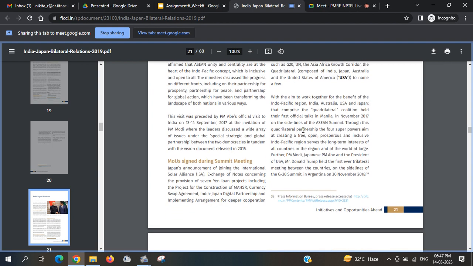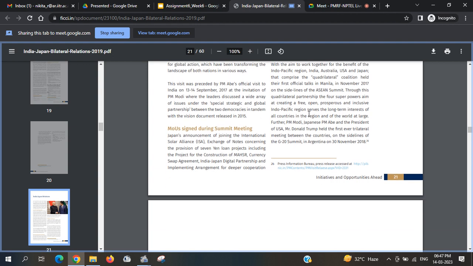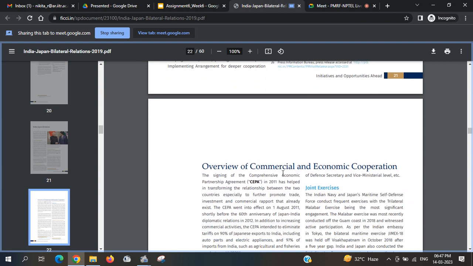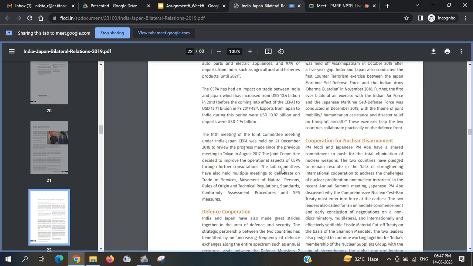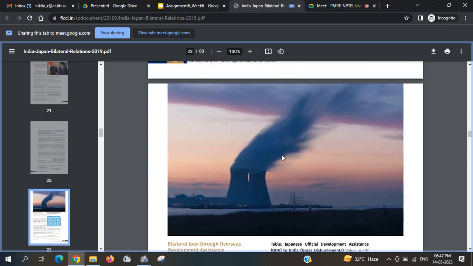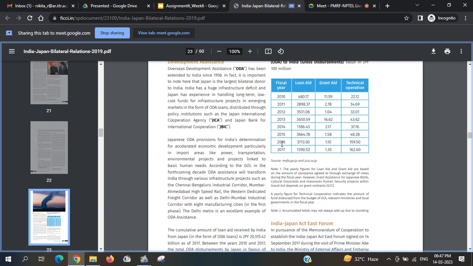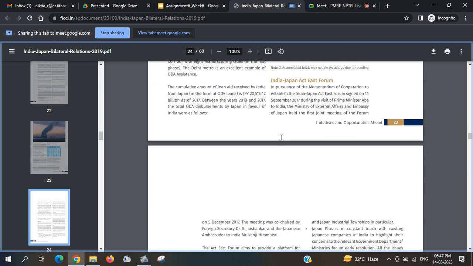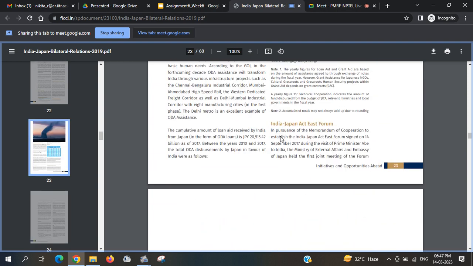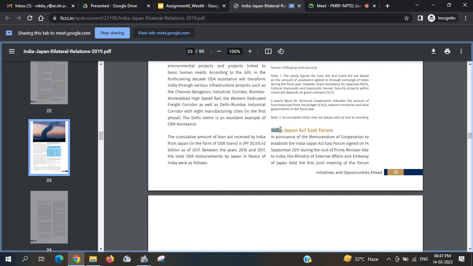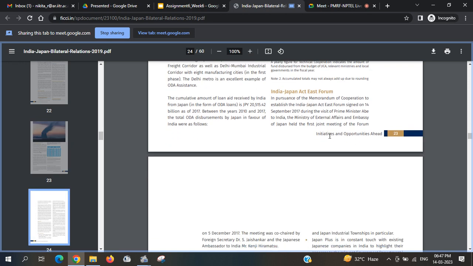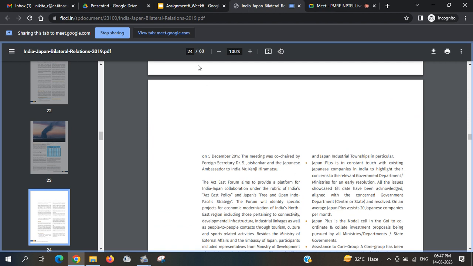So this provides detail about those. So you can go further and see the different cooperation agreements which exist between both countries and see the details. So for example, here are the details about the India-Japan Act East Forum.